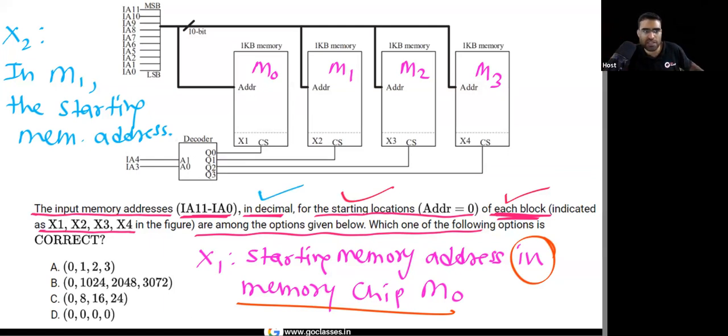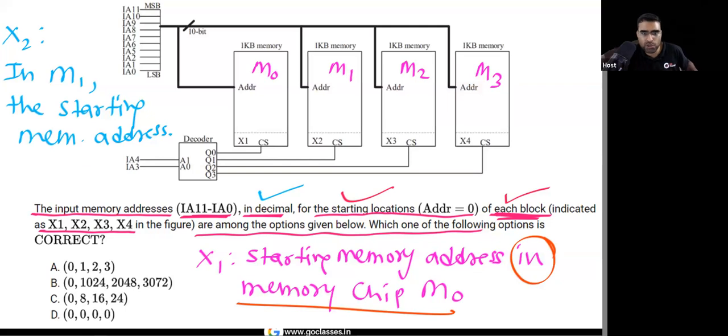Now this question is quite simple, very simple. See, look at these two address lines. Just take care: are they connected to the decoder in the same fashion or not? For example, this is the MSB. Is it connected to the MSB or LSB? You should take care of these small things.